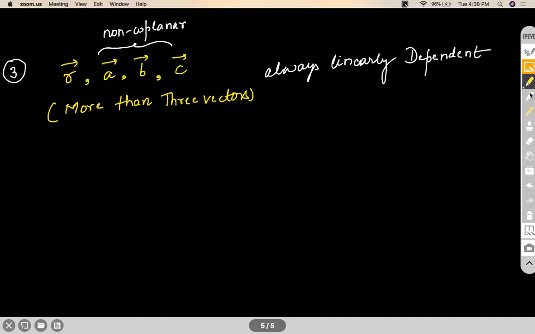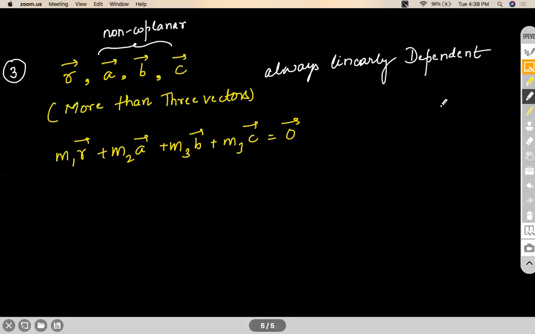If they're non-coplanar, then please note there will always exist such scalar quantities M1, M2, M3, M4, where a linear combination of it will imply that not all M1, M2, M3, M4 are 0.